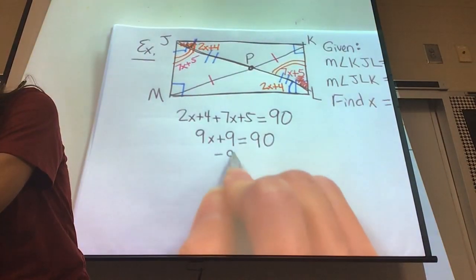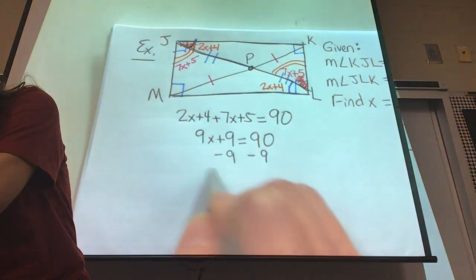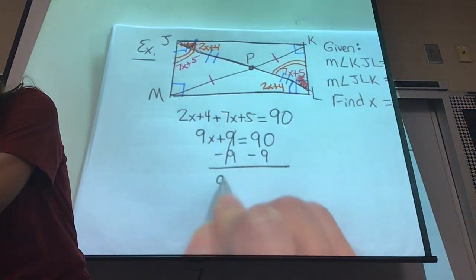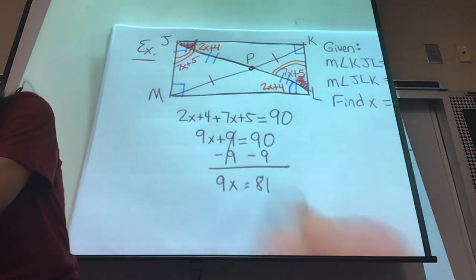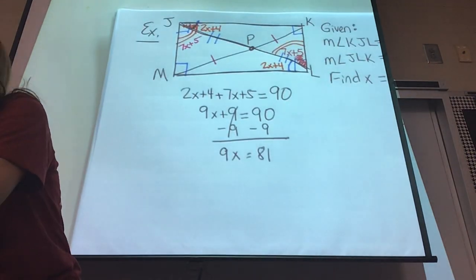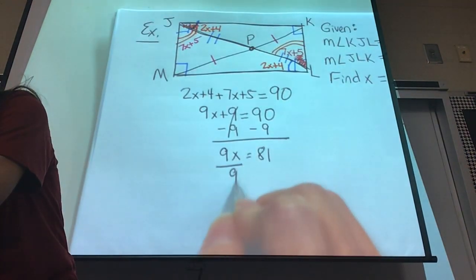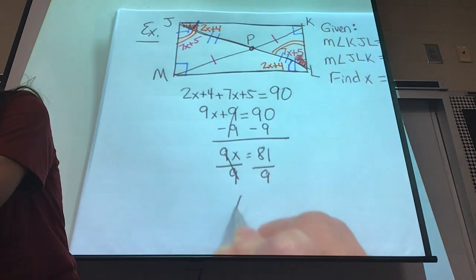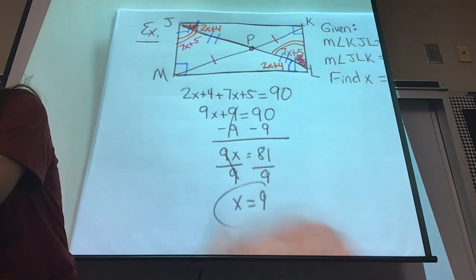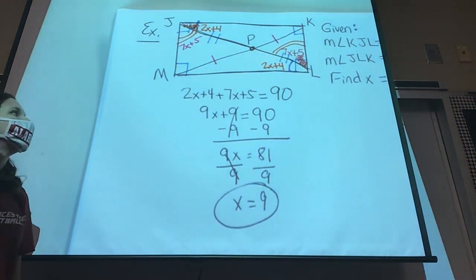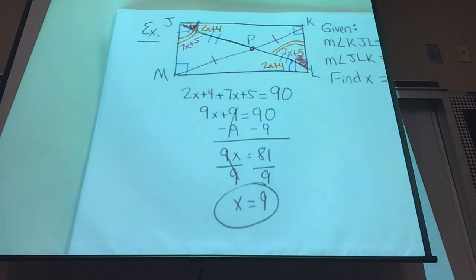So then when you subtract 9, you end up with 9x equals 81. Now divide by 9, and x does equal 9. But you've got to remember that not only are they congruent, but they're also parallel to each other.